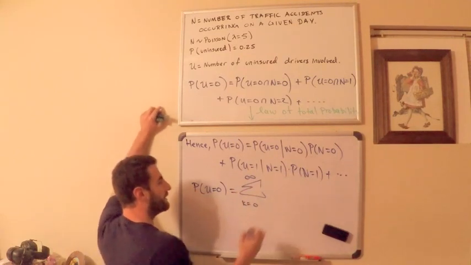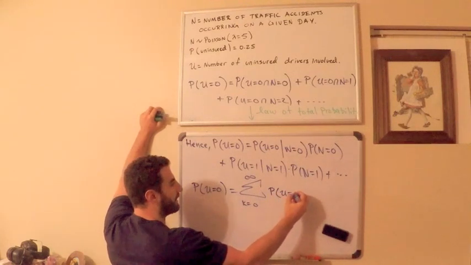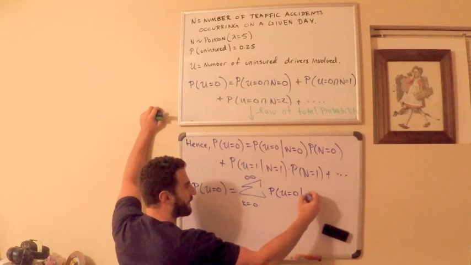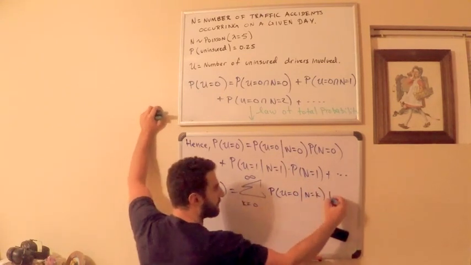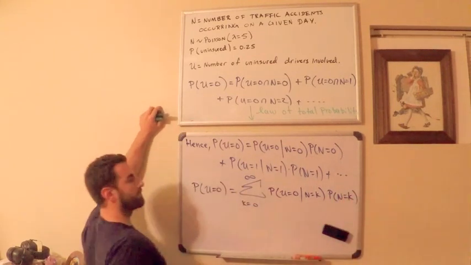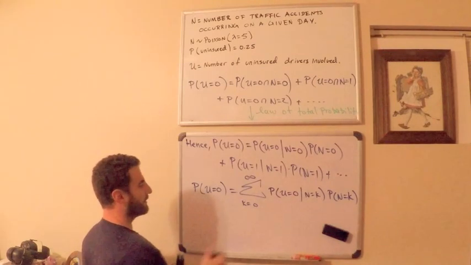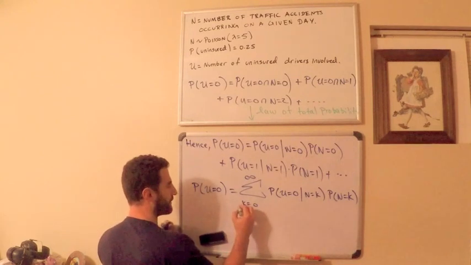Times the probability that the number of uninsured motorists involved is 0, given that N is equal to k, times the probability that N is equal to k. This is what we want. We need to compute this.